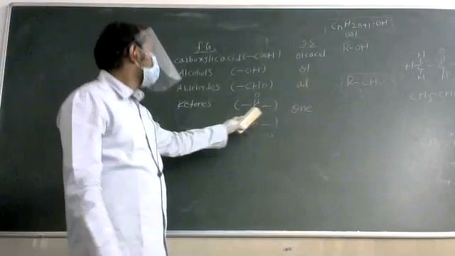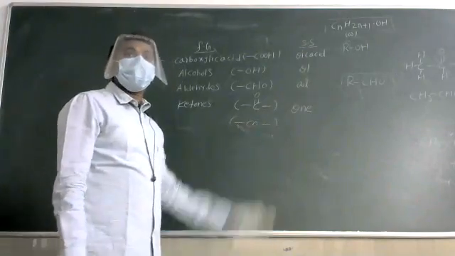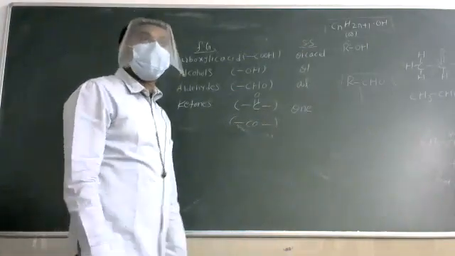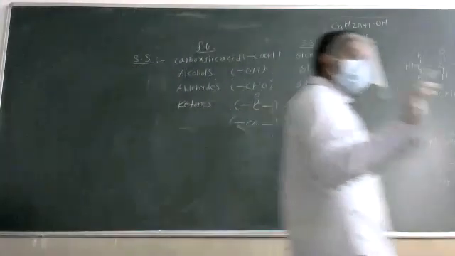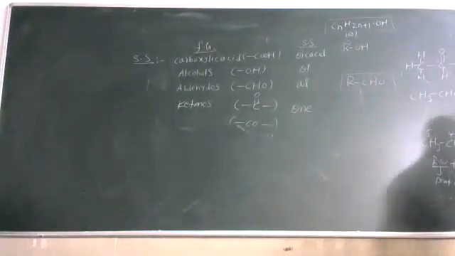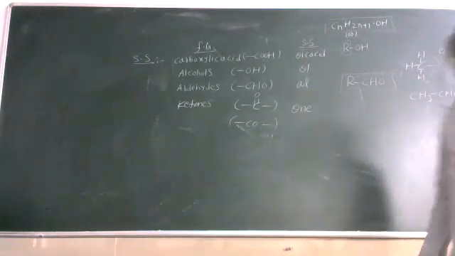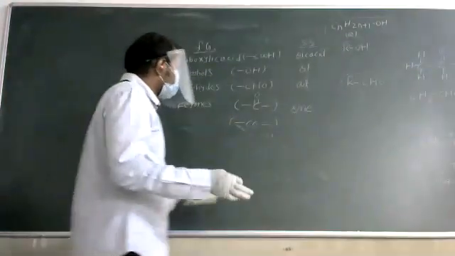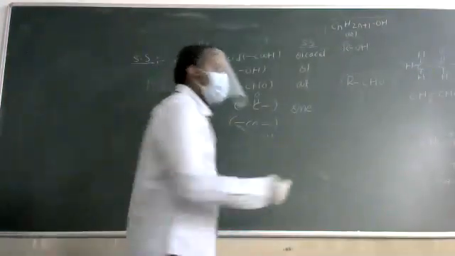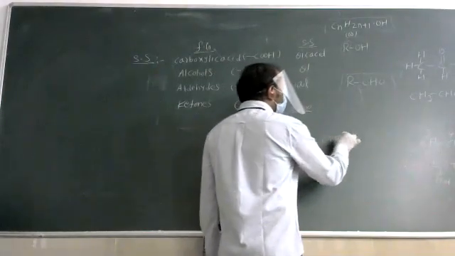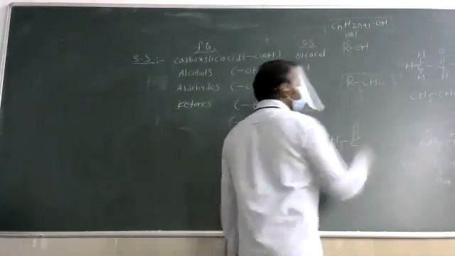Like that, ketone is a non-terminal functional group. It always exists between carbons. Why? If I take a two carbon ketone like this, is it correct?